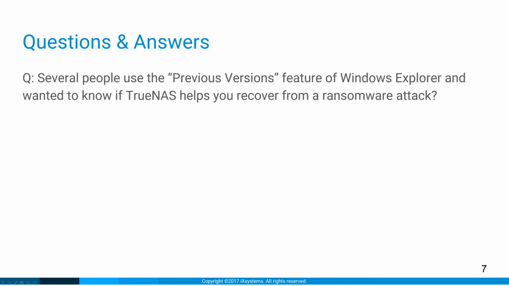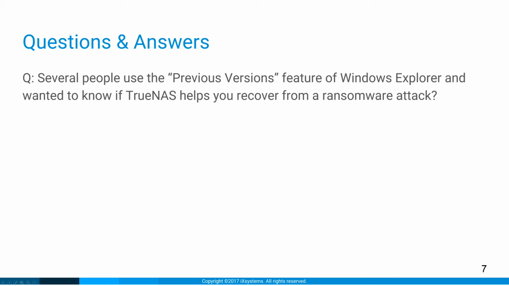First question: somebody asks, several people in their organization use the previous versions feature of Windows Explorer, and they wanted to know if TrueNAS can help them recover from a ransomware attack. Like I pointed out earlier, we replace Windows shadow copies or Windows snapshots with TrueNAS snapshots.